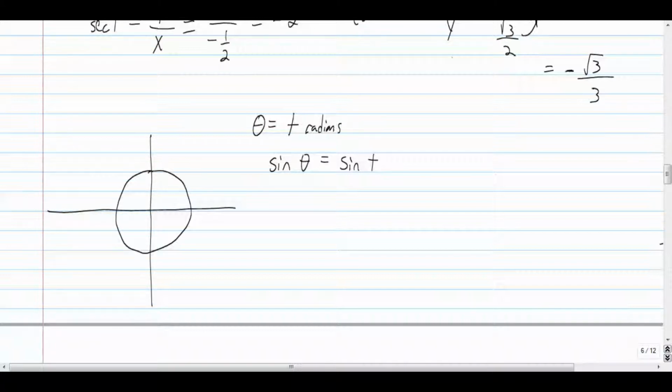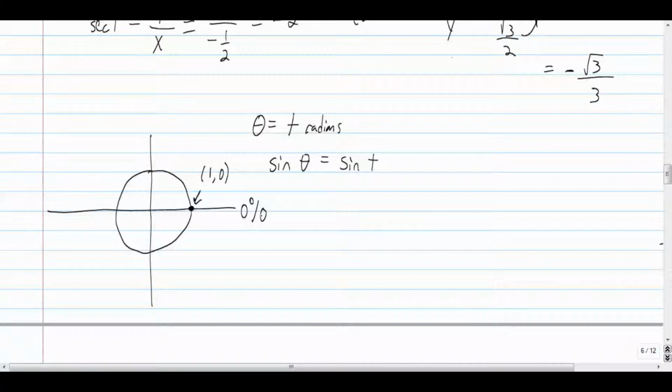So how can we use this to find the value of the 6 trig functions at some of the points that we know on the unit circle for sure? We know right here at this point, that's the point 1, 0. If we had an angle measure whose initial and terminal side was on this positive x-axis, that would be 0 degrees or 0 radians.